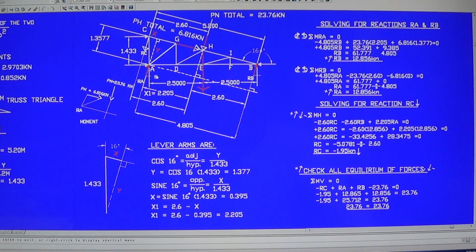Moment is the product of the applied load multiplied by the lever arm that is perpendicular from the line of action to the axis of rotation.